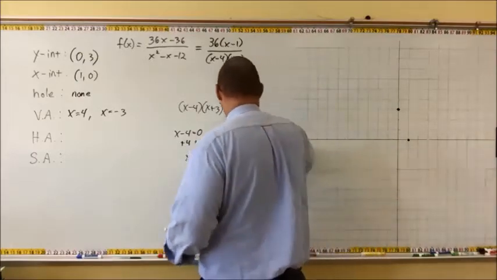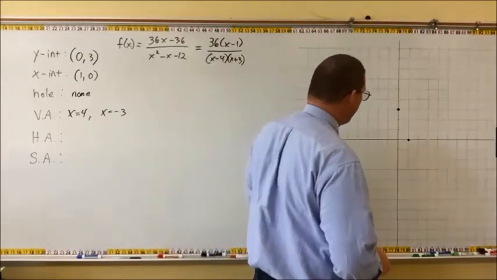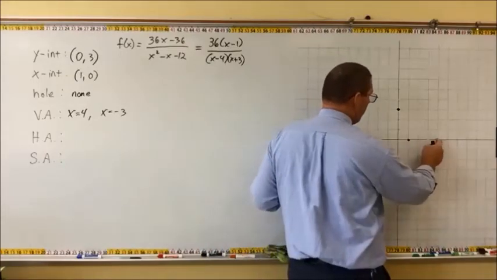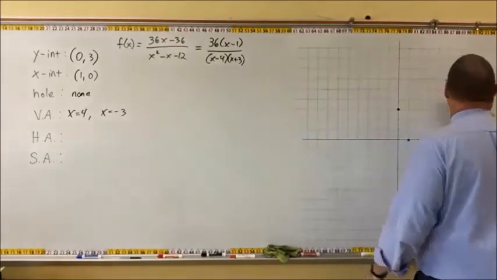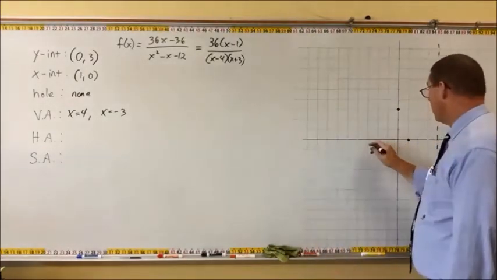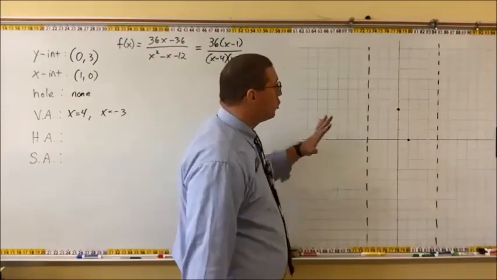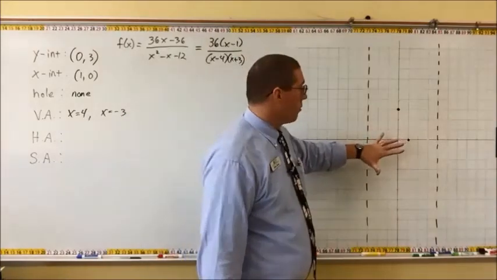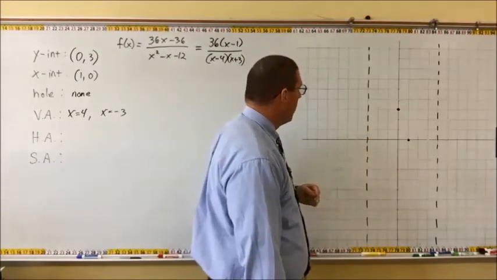All right, so where is positive 4? We're going to go over here to positive 4, and draw a dashed vertical line at positive 4. And then we're going to go to x equals negative 3, 1, 2, 3, and draw a vertical dashed line. So, two vertical asymptotes, which is going to make for an interesting curve on the function. Okay?